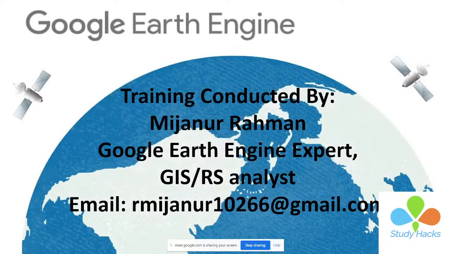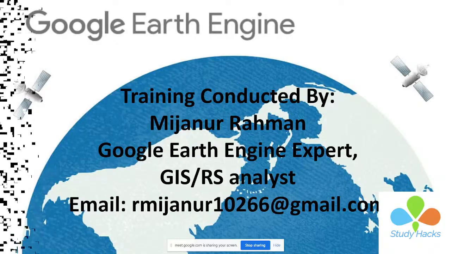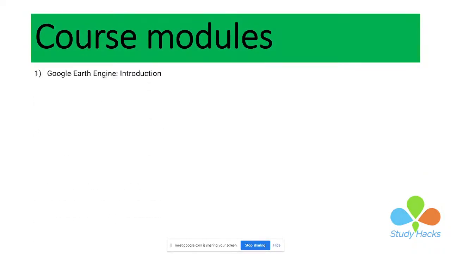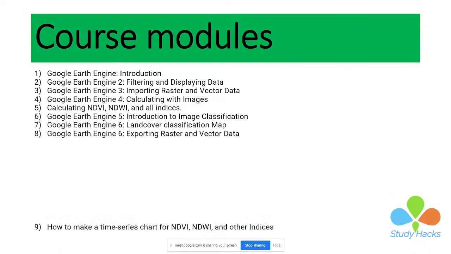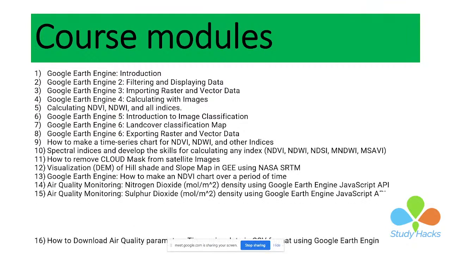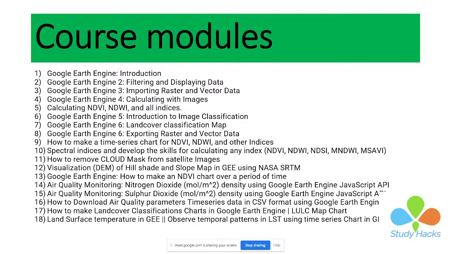Today is our fourth class, and I am the course coordinator. This is our full course content. We will cover all of it within 7 days. I hope after completing this 7 days course, you are able to do any remote sensing analysis.